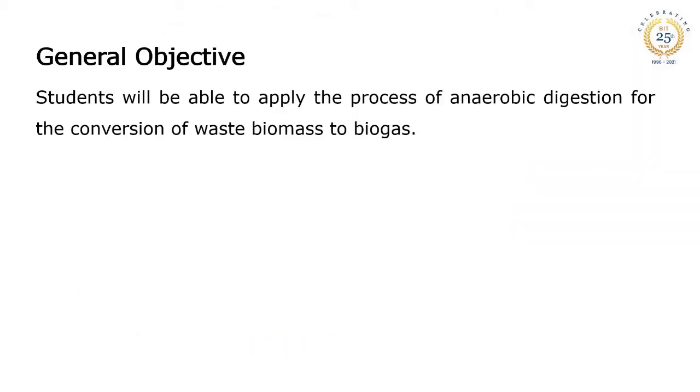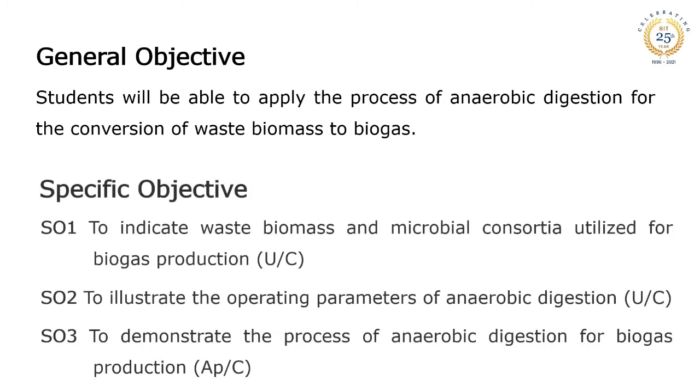So at the end of today's lecture, you will be able to apply the process of anaerobic digestion for the conversion of waste biomass to biogas. This will be accomplished through three specific objectives. In the first specific objective, you will be able to indicate the different waste biomass and the microbial consortia that are utilized for biogas production.